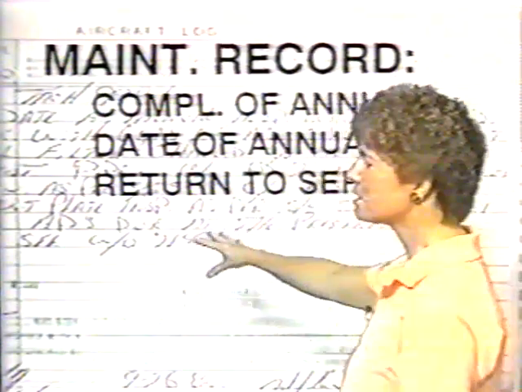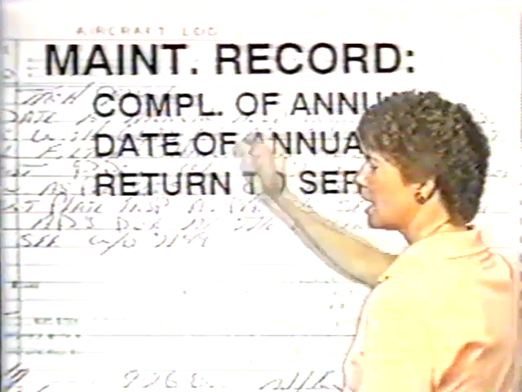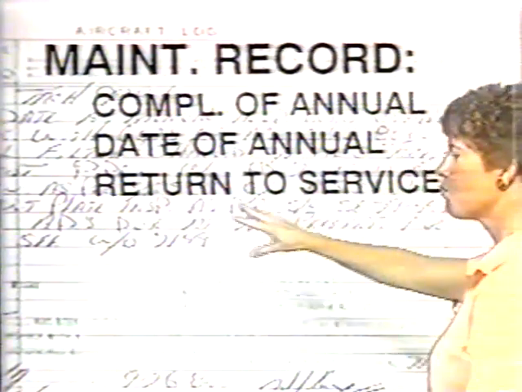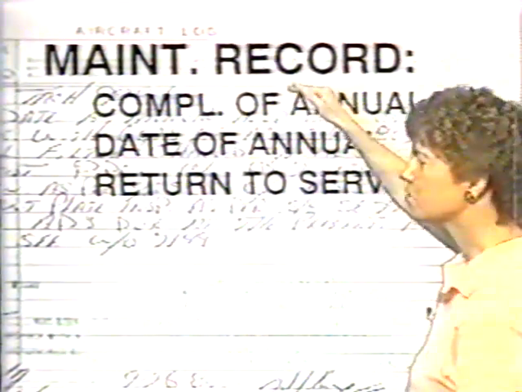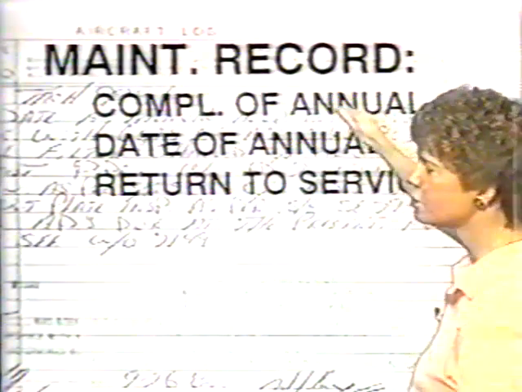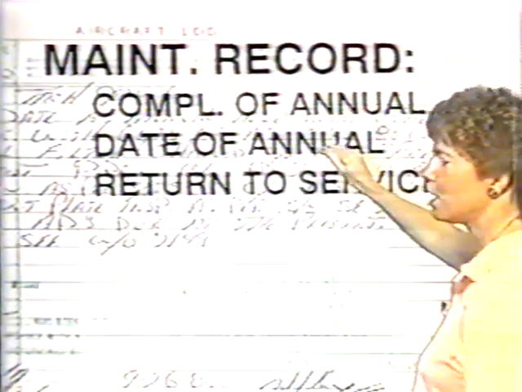In other words, the mechanic says that I did this annual inspection on such and such a date, it is complete, and I certify this aircraft for return to service. So the maintenance record, the aircraft log, will show completion of the annual, the date of the annual, and show that it has been returned to service.